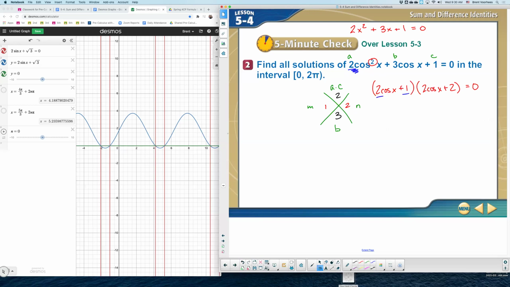Either the front factor gets divided by 2, or the back factor. Which one gets divided? The back factor. That's right. 2 can go into both terms in the back factor, so I can simplify that to cosine x plus 1 equals 0.